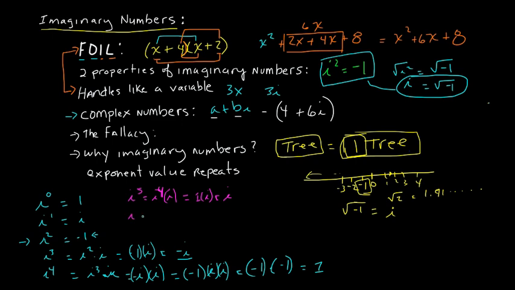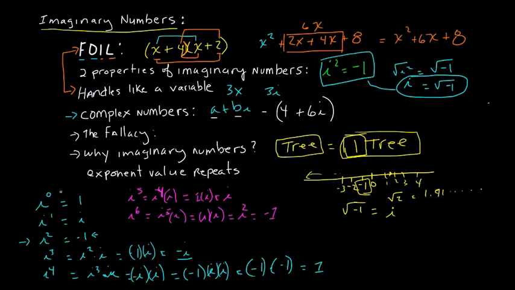And then i to the 6th would be i to the 5th, which was just i, times i, which equals i squared. And by definition, i squared is -1.